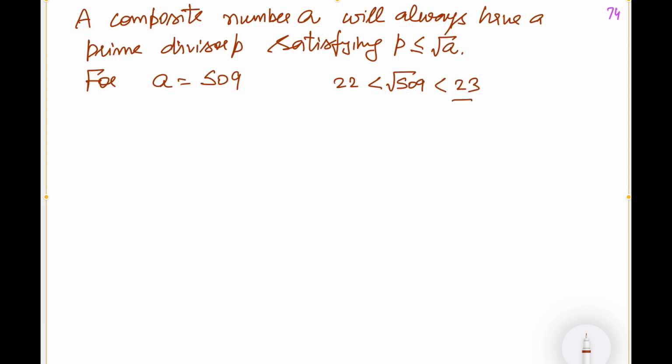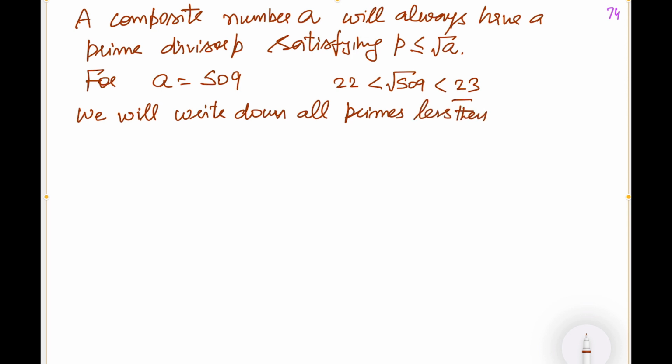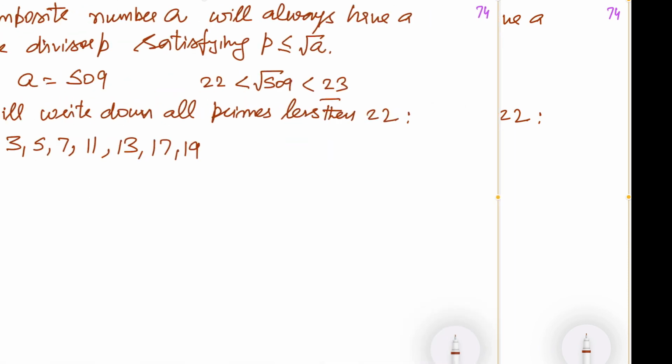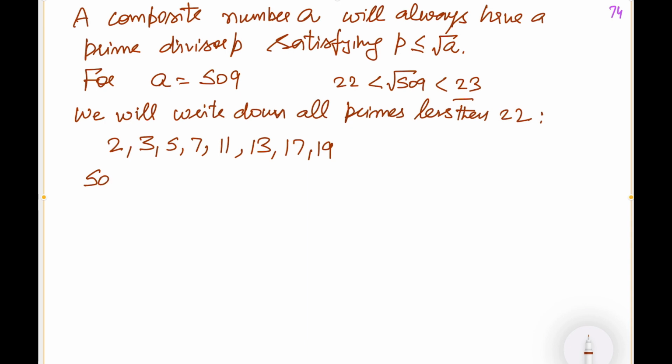So we will write down all primes less than 22. They are namely 2, 3, 5, 7, 11, 13, 17, 19.